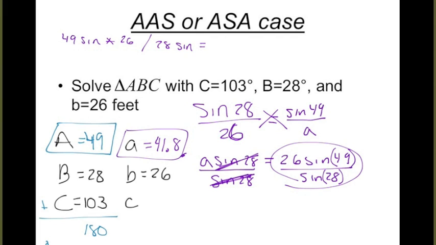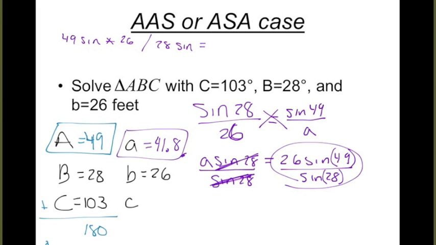We have one more piece of information we need to solve for. We still need to know what side C is. We're going to solve for side C exactly the same way we solve for side A. I always go back to the original given pair of information if possible, instead of using information that I found that could be wrong, because if I build on it, everything after that will be wrong.